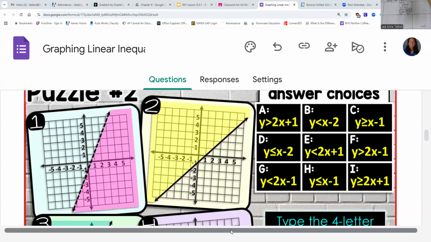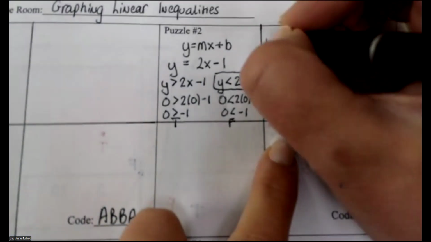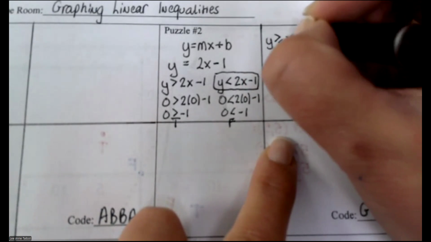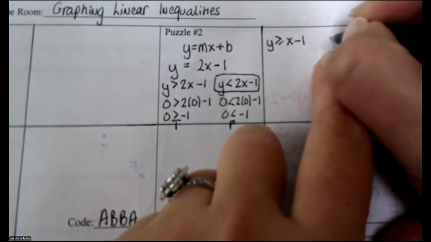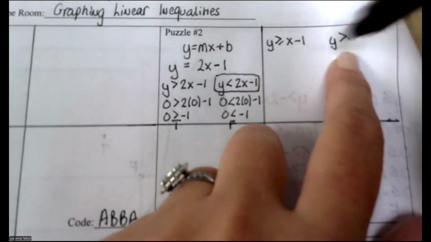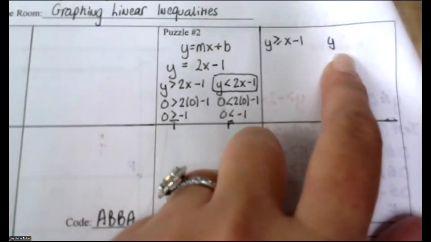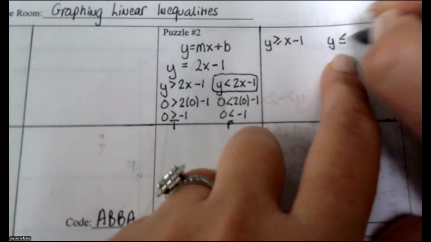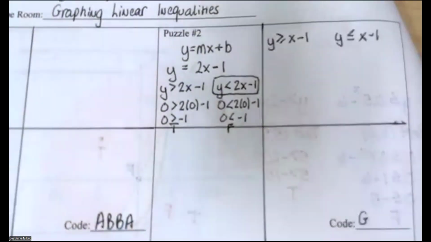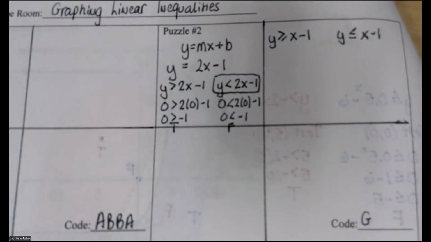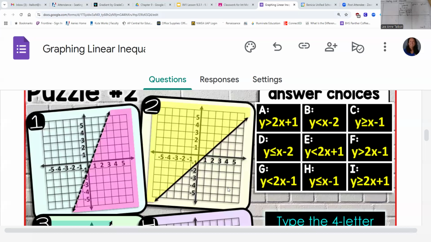So I have y is greater than or equal to x minus 1. Y is less than or equal to x minus 1. Those are my two options. Okay, now I'm going to look back. Would 0, 0 be true or false? True. Can you guys all see that 0, 0 is in the shaded part?